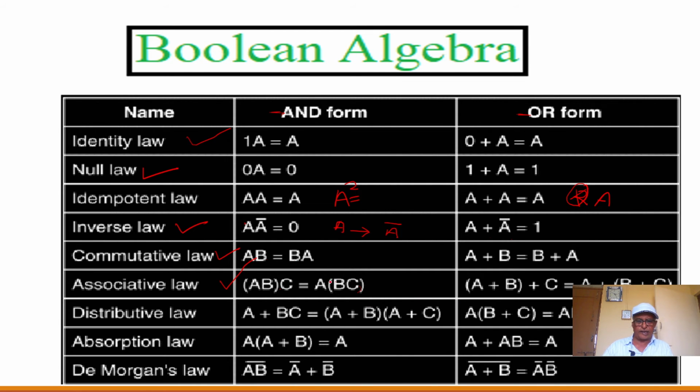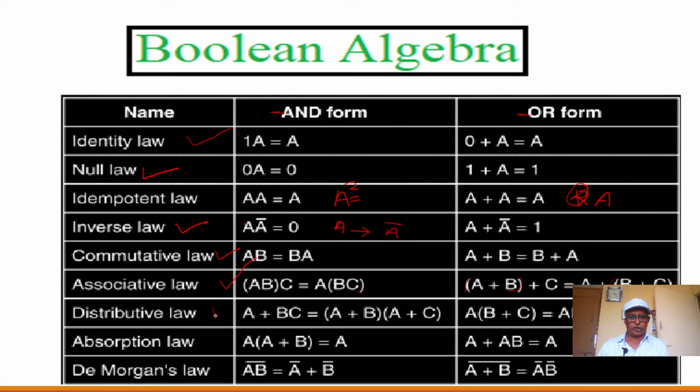Similarly, for OR gate, instead of multiplication, we consider the same 3 variables, A plus B plus C. But on the left hand side, bracket is for the first 2 variables, and on the right hand side, bracket is for the last 2 variables. In this case also, the result will not change. This is called as associative law.